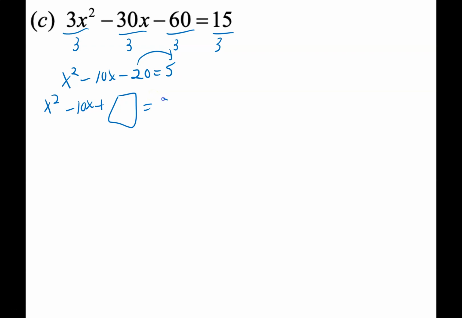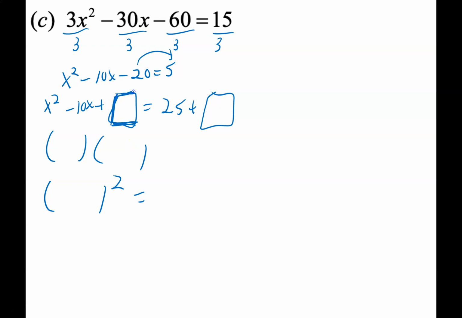So if I add that, I get this. Now again, to complete my square, I'm going to have to add something to both sides. How do I find that something?